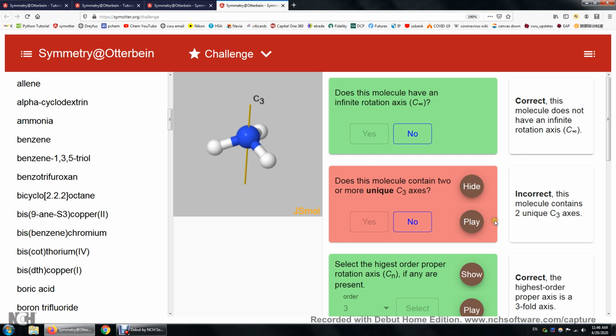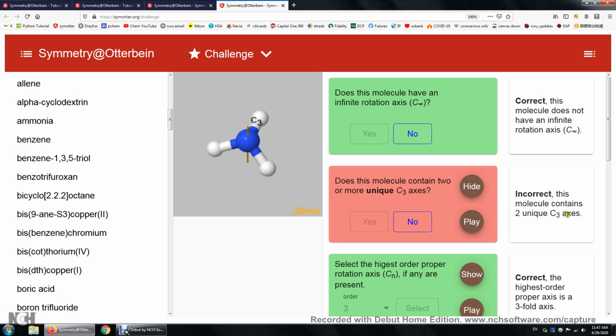There's only 1 C3 axis. There are 2 C3 operations, 120 degrees or negative 120 degrees, but there is only 1 unique C3 axis. So there's a mistake here with this challenge molecule.